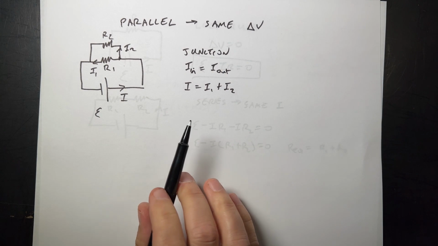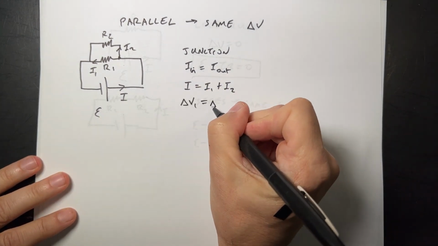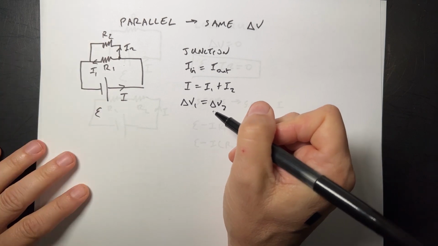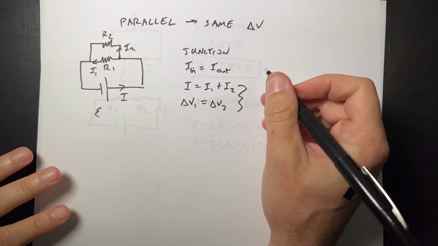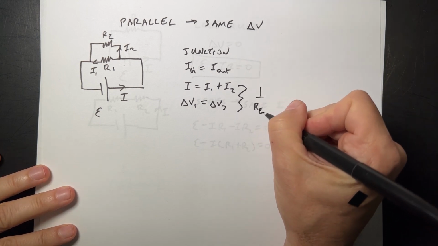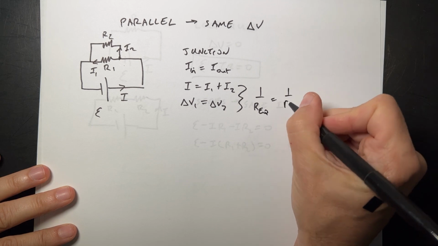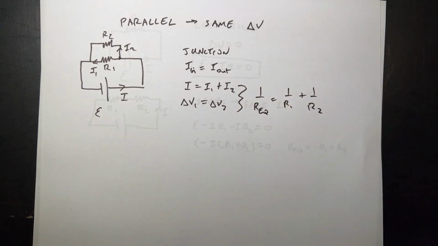If I use that along with delta V1 equals delta V2, the change in potential across these two, I can combine these two together and replace those two resistors with one equivalent. I'm not going to derive this one. It takes a little bit longer. 1 over R equivalent is 1 over R1 plus 1 over R2. Okay. Oh, I didn't mean to, that's still on.